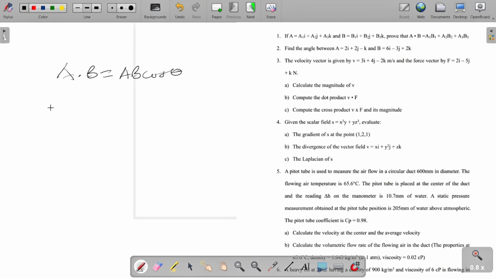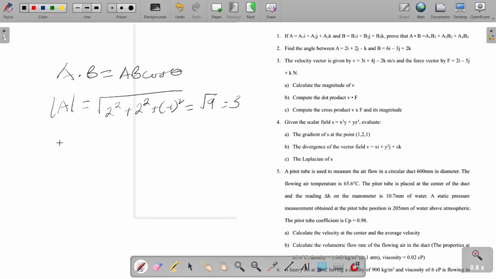Those two vectors, right? First of all, we need to find the magnitude of the two vectors. So the magnitude of A will give me the square root of 2 squared plus 2 squared plus negative 1 squared. This gives me the square root of 9, which is what? 3.